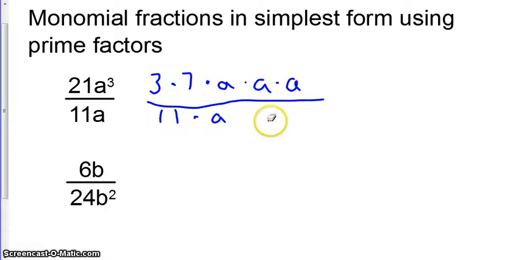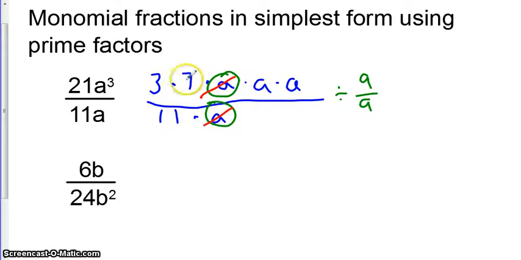Okay, so what do we have in common in both of these? We don't have much, and so we're going to be taking out the common one, which is just a. So we're going to divide by a over a. Taking those out, in a sense, these cancel out.